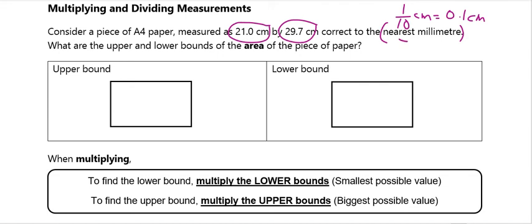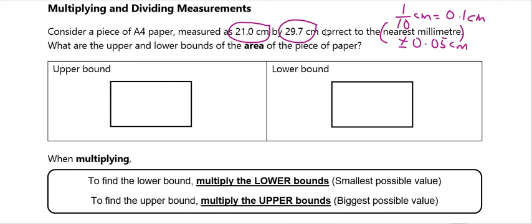So your error will be 0.1 divided by 2, which is 0.05 centimeter. The question here is: what are the upper and the lower bound of the area of the piece of paper? So here, let's fill in the dimensions correct to the nearest millimeter.